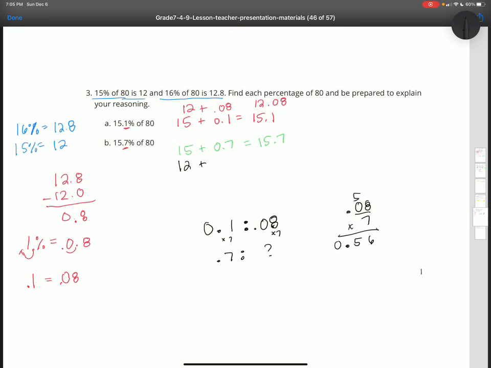So 0.7% will be 0.56, and it will equal 12 and 56 hundredths. Okay, so I'm gonna circle my answers. Hopefully, this portion of the lesson kind of made sense. If it didn't make sense, guys, make sure you visit your manager's Google Meet session.